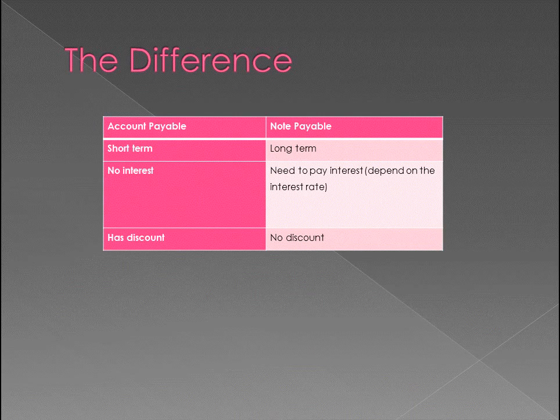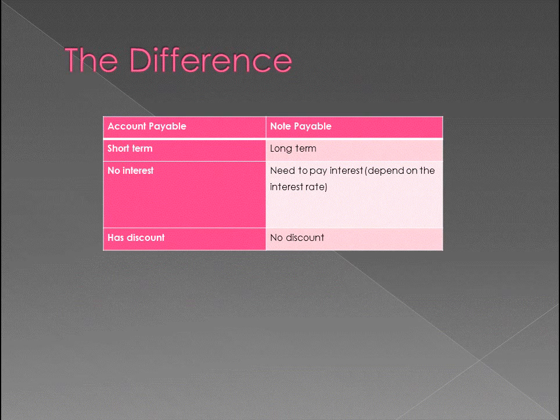Next, I want to talk about what's the difference between accounts payable and notes payable. While both of these are liabilities, notes payable involves a written promissory note, but accounts payable does not need a promissory note.